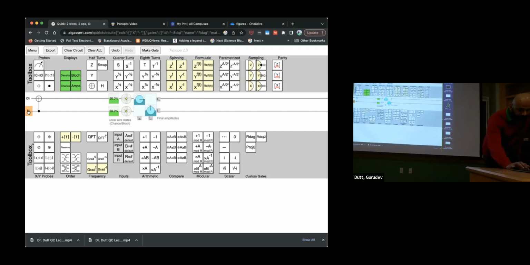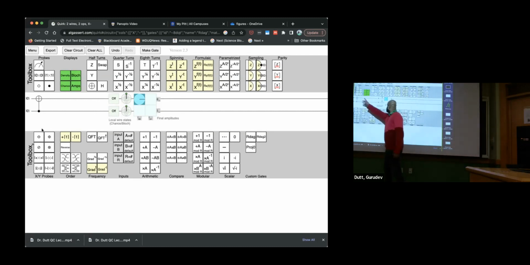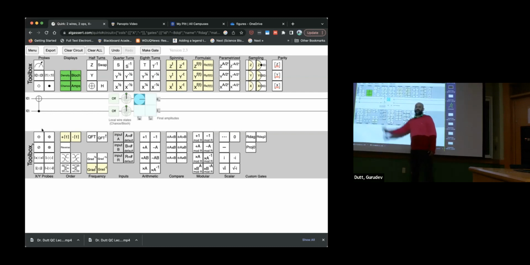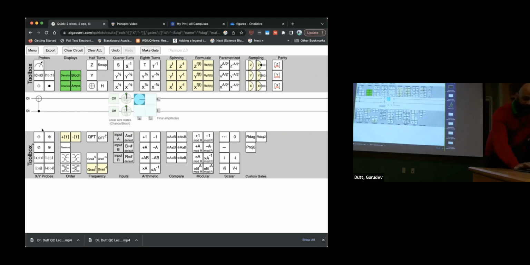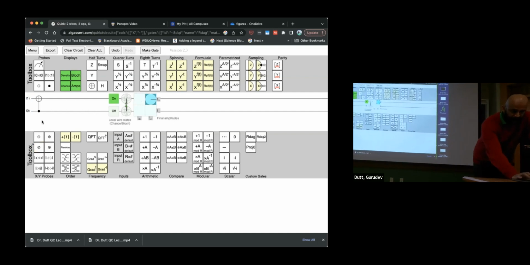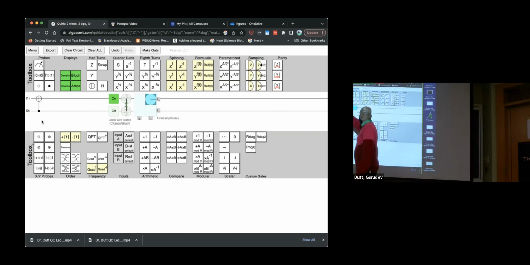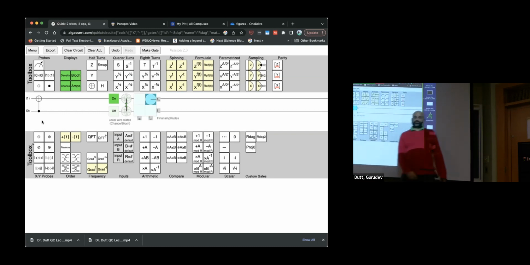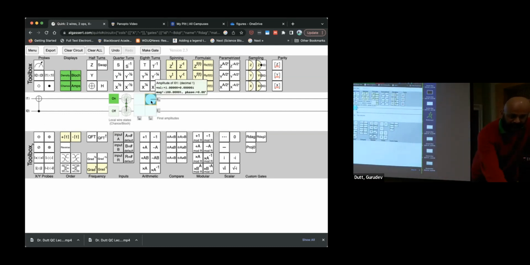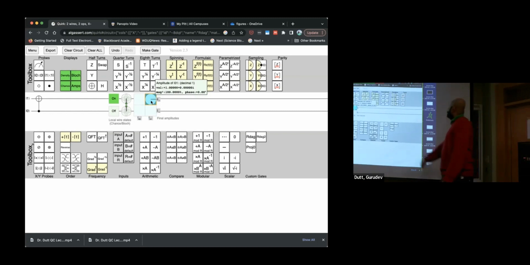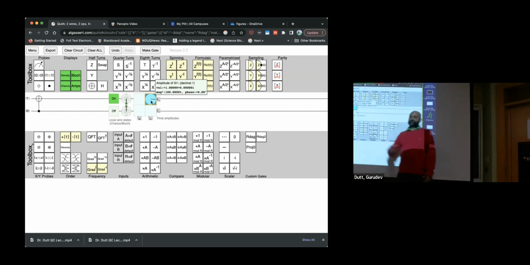As expected, when the input is 00, the output is 00. If the input is 01, then as expected nothing happens, so this remains a 1. So 01, and this output is also 01. If you get confused about which is 01, you just mouse over there, and it tells you the amplitude of 01 is 1.